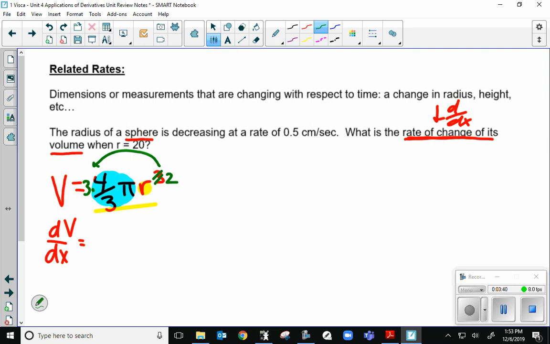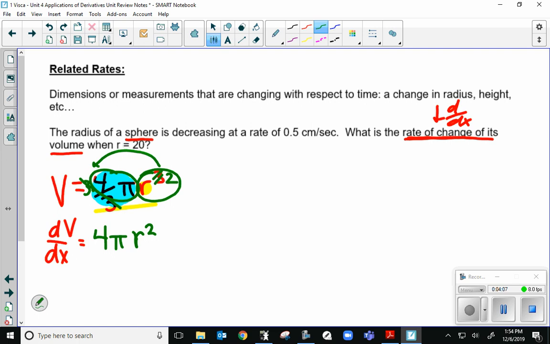So let's take a look at our constants right now. My 3 cancels with my denominator, and I have 4 pi out front. I have r squared now, but anytime I take the derivative in a situation with related rates, there's always a change of rate.